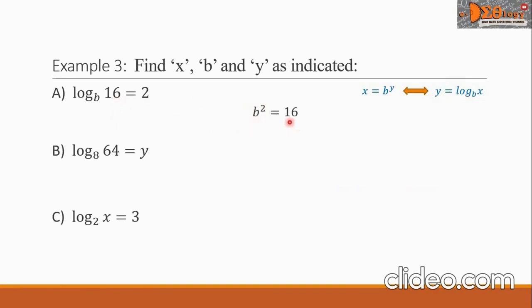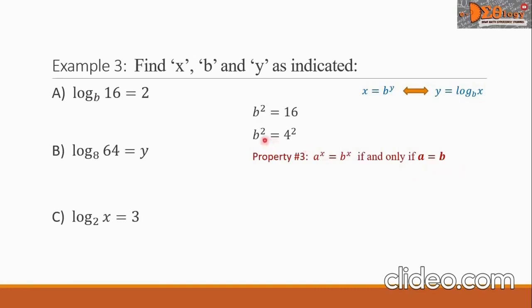Now I know that this 16 is the square of 4, so I can show that b squared equals 4 squared. And then I'm going to use a property of exponential function. I remember there is property number 3 that says a raised to x equals b raised to x if and only if a equals b.